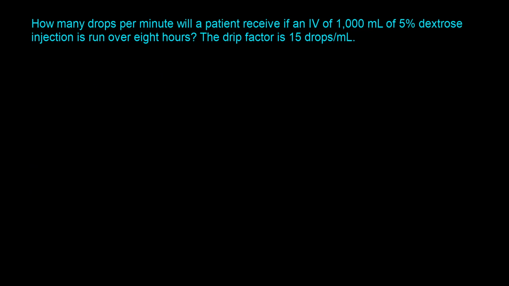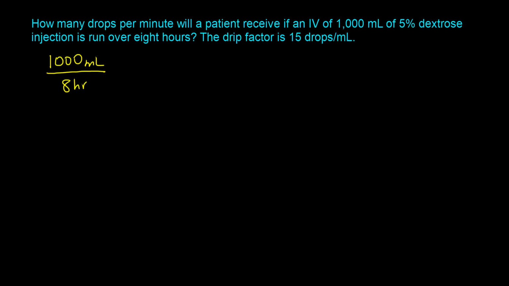To find the flow rate, we need the volume component. So the volume in the question is given as 1,000 milliliters. So we start off with the 1,000 milliliters. We need to divide this by the number of hours that the dextrose injection is run over, and that's 8 hours. So 1,000 ml divided by 8 hours.